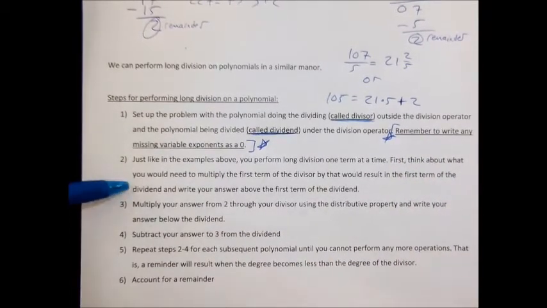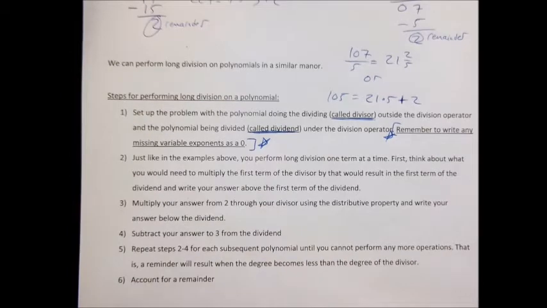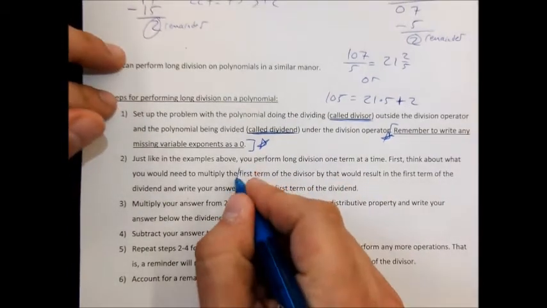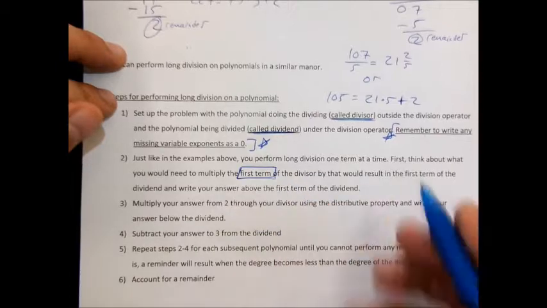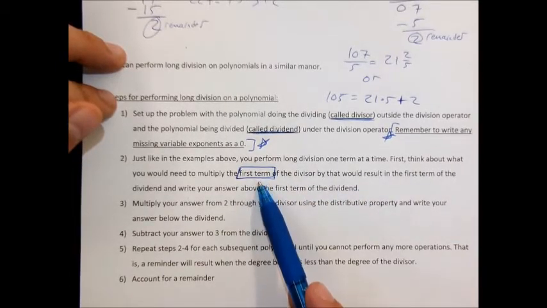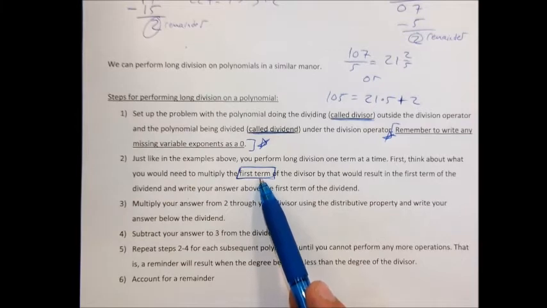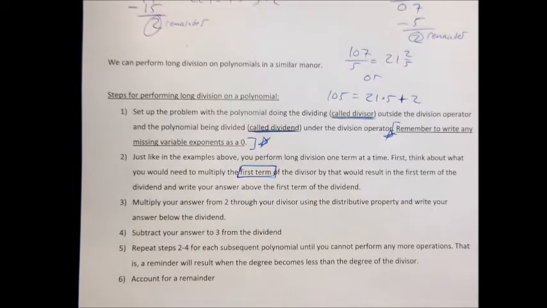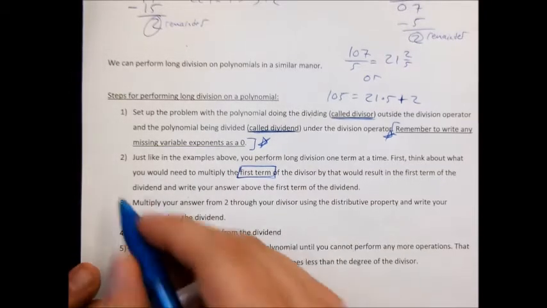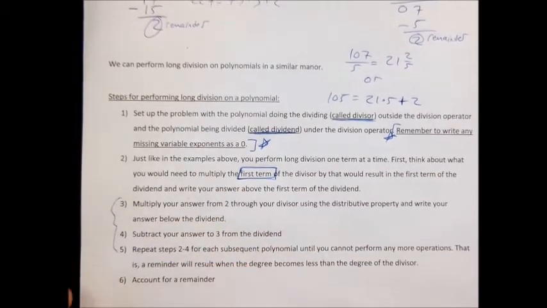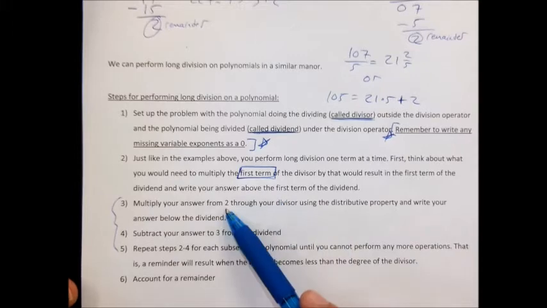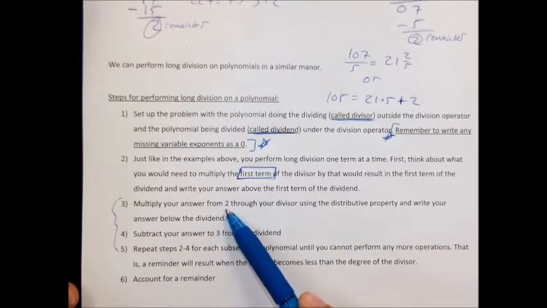And then you do the division very similar to what we just did, except you just focus on the first term of the divisor. So you ignore everything except the first term, and the first term only comes in when you multiply things back through. Again, you'll see that on the next page. But then 3, 4, and 5 are very similar to what we did above. You multiply your answer back through your divisor.